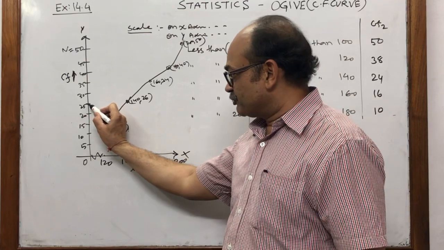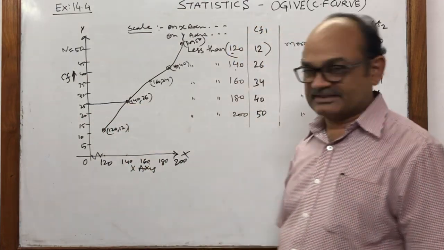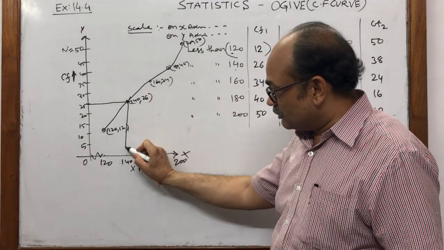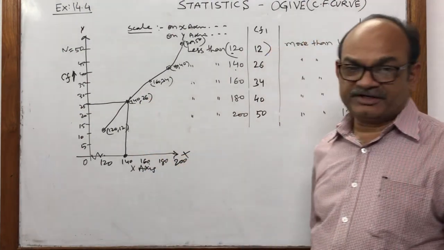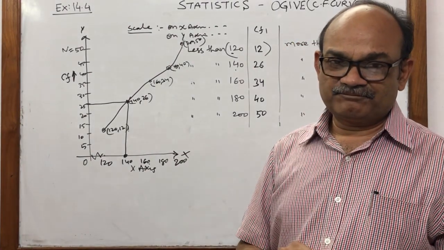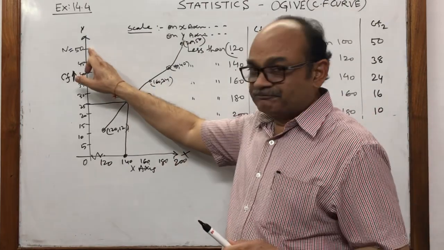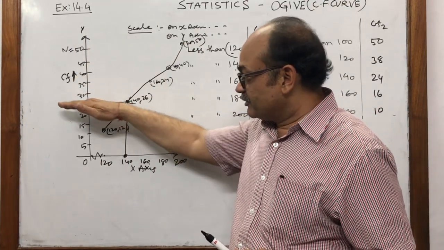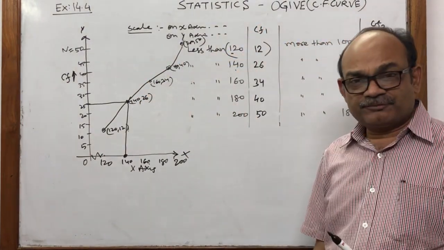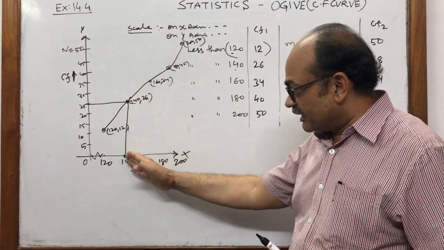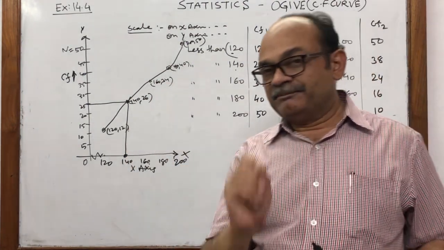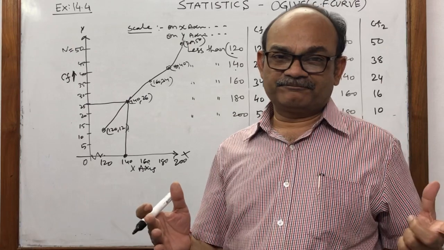So on 25, if you draw a line parallel to x-axis, where it will cut the OGIVE, draw a vertical line down, and this abscissa point is said to be the median of this data. वापस देखो, 50, half of 50, 25, draw a line parallel to x-axis, where it will cut the curve, draw again a vertical line and get an abscissa. This abscissa is said to be median of the given data.